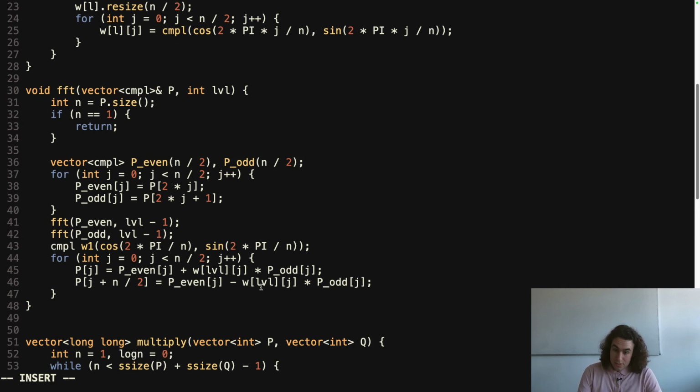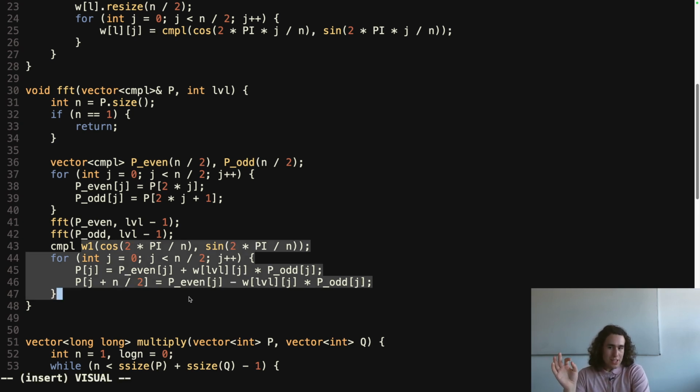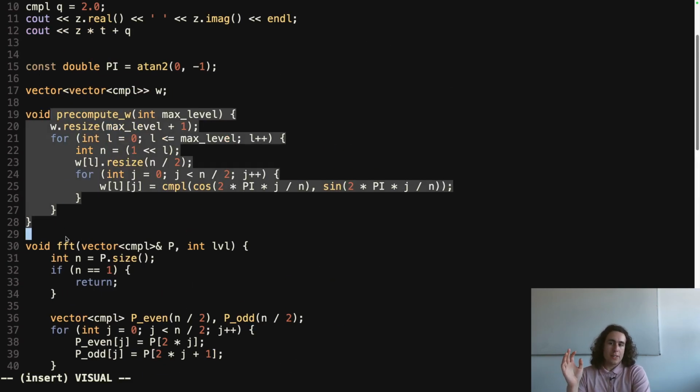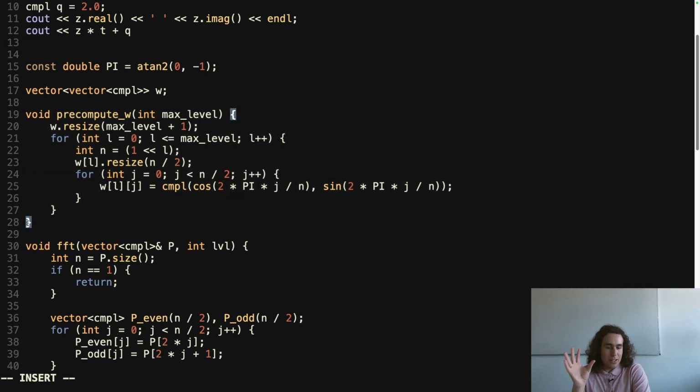Why is it horrible? Because we n times multiply complex numbers with doubles. Multiplying n doubles in a row will bring very bad precision errors. That's not a good idea, okay? Don't do that. And if you compare the time complexity of this with the precalculation that we did here, there's basically no difference.